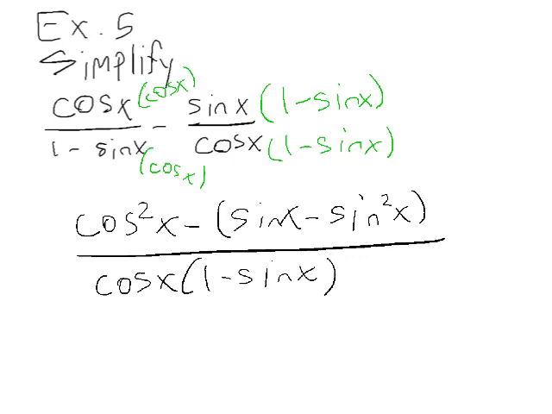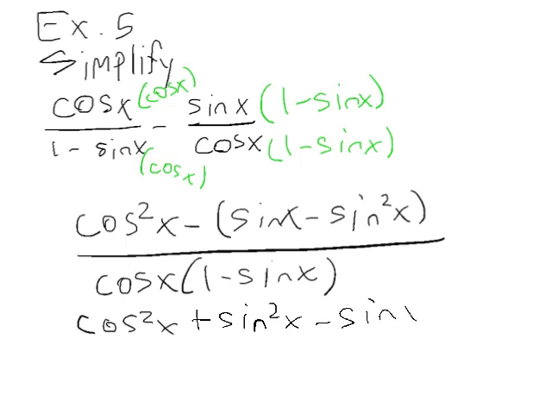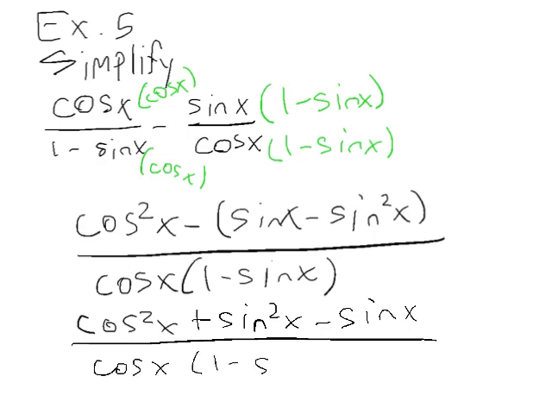Okay, so look at the top. What are you going to end up with on top? You're going to end up with cosine squared x, and then if you'll notice your minus sign here, you're going to change the sign on this one and change the sign on this one. So that's going to give us cosine squared x plus sine squared x minus sine x over cosine x times 1 minus sine x.